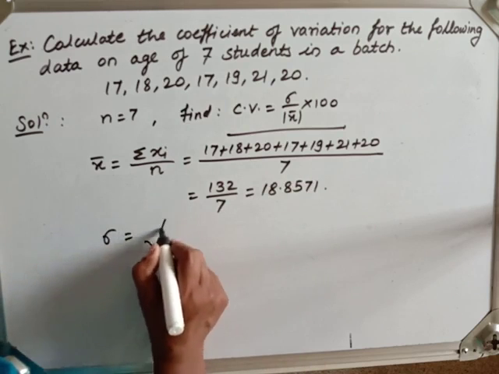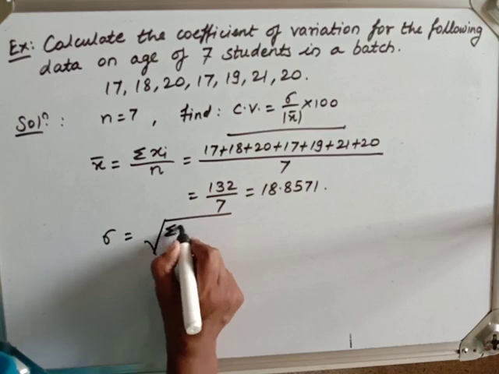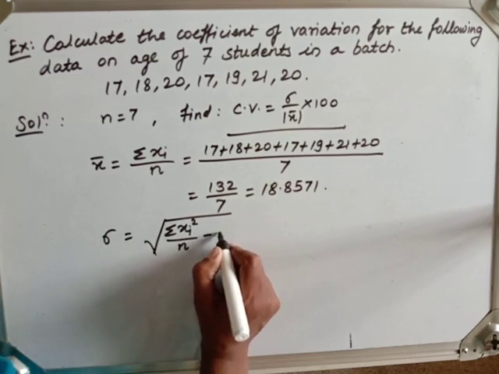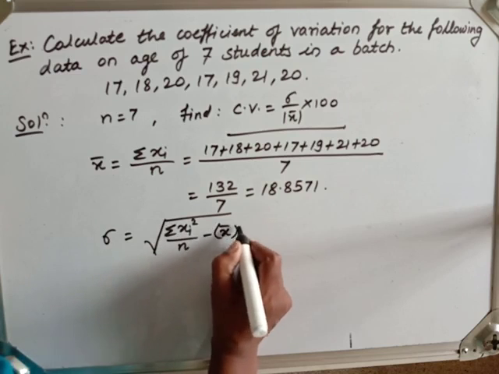Okay. Now let us find sigma. Sigma is the square root of summation xi square upon n minus x bar square.